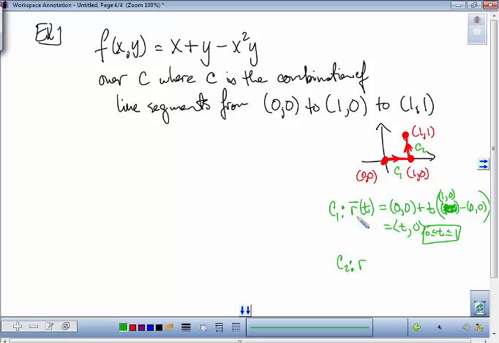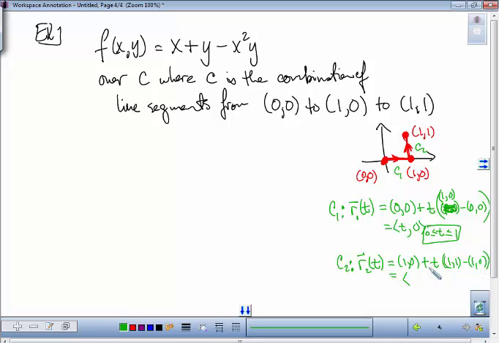I guess I should call this R1 and this R2. And so R2 now starts from 1, 0 to 1, 1, and then it's going to be 1, 0 plus t times head minus tail, 1, 1 minus 1, 0. All right, so how is this going to look?